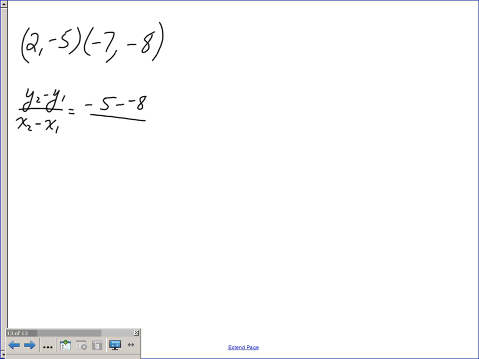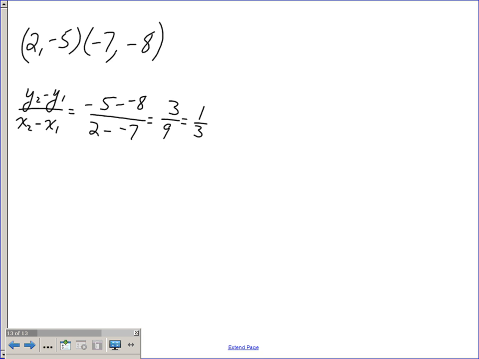The subtraction sign is built into the formula, and we are subtracting a -8 from a -5. And then it would be 2 minus -7. So -5 minus -8 is a +3, and 2 minus a -7 is 9. And so my slope is 1/3, not a very steep slope.